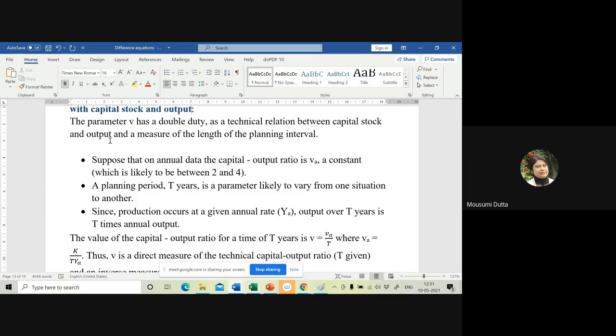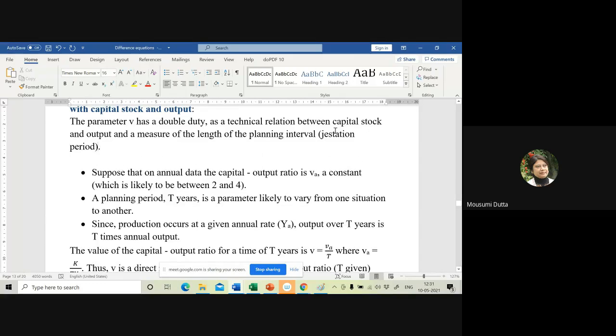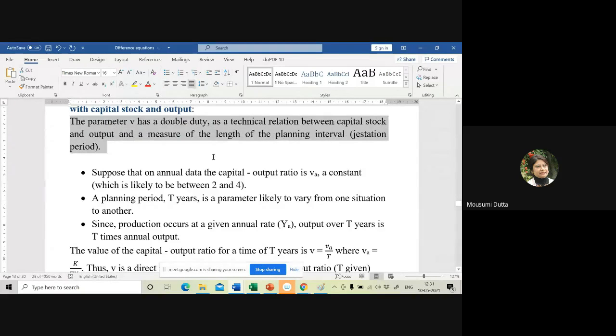We also call this the gestation period of investment. The idea of investment always has this with it, because it may not be effective at this moment.